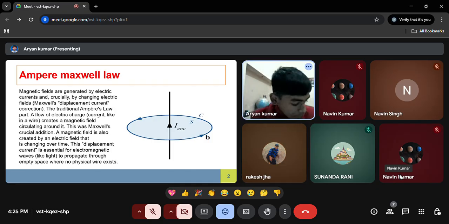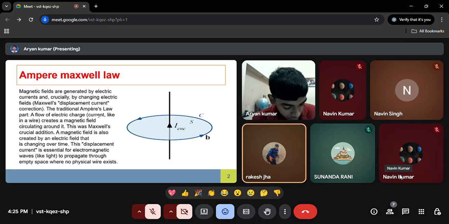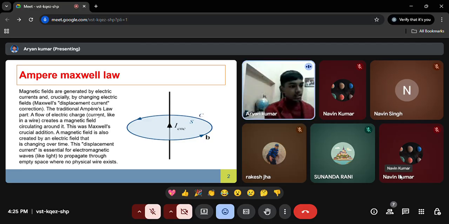Do you know? Okay, hello, Saksham. Aryan, there is a lot of noise in my area, so I cannot explain it right now. Okay, so this happens due to the movement of molten iron in the core.